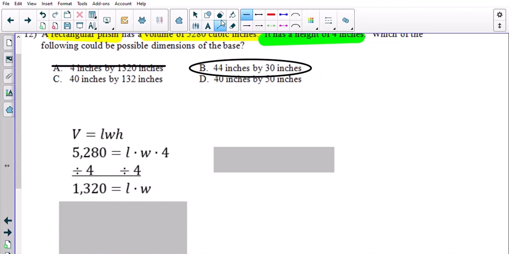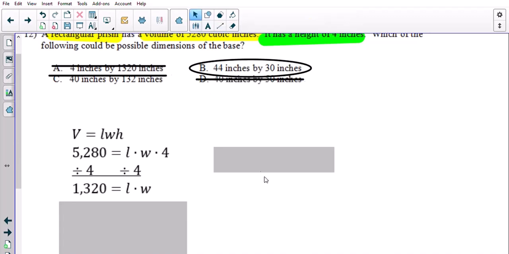I need that product to be 1,320, so C does not work. And then D, if I take 40 times 50, that's going to get me 2,000. And again, I need 1,320, so I can eliminate choice D as well. So B has to be our solution here, since 44 times 30 gets us 1,320.